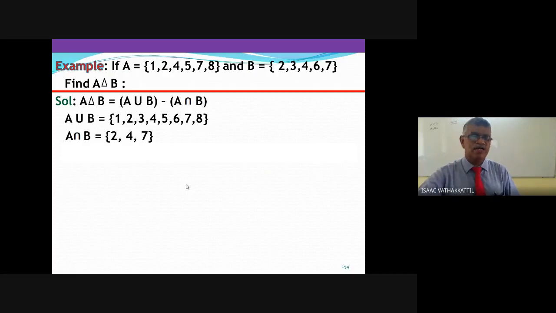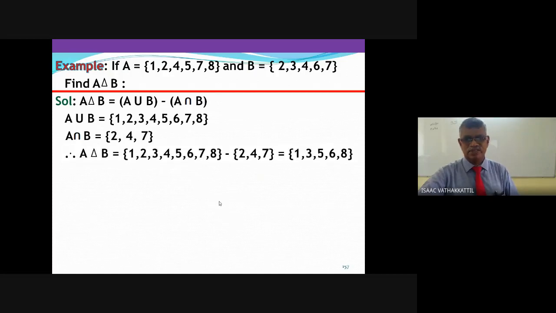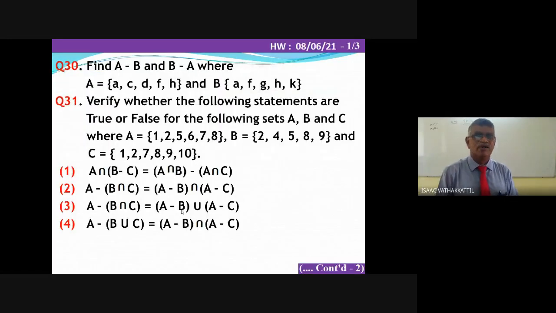From A union B, remove 2, 4, 7. What you get is 1, 3, 5, 6, 8. That is A delta B. Agreed? The symmetric difference between A and B.